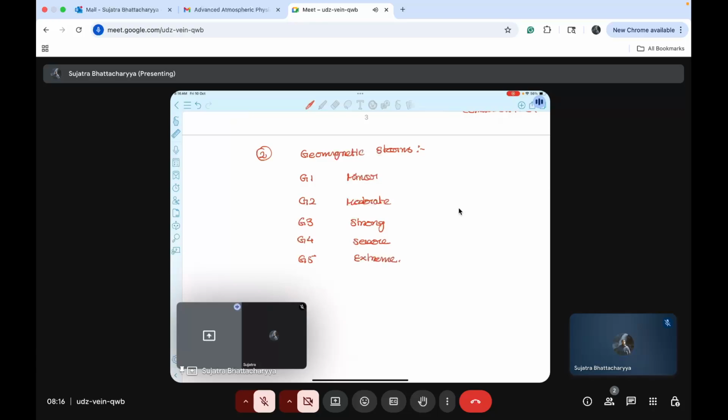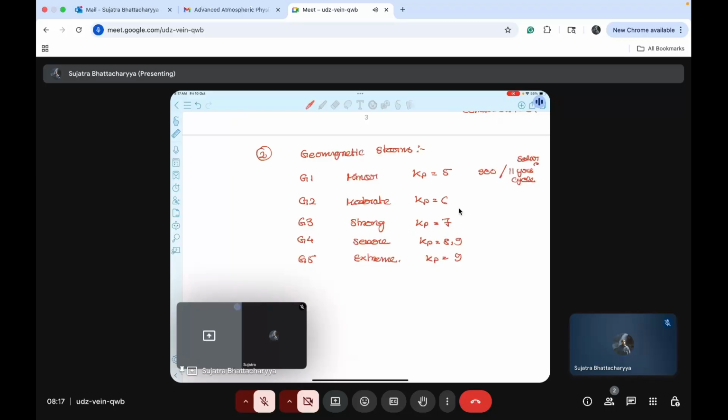Okay, so based on some value, Kp index is used to measure, starting with Kp equal to 5. And this has 900 per 11-year cycle, because these are the solar cycle.